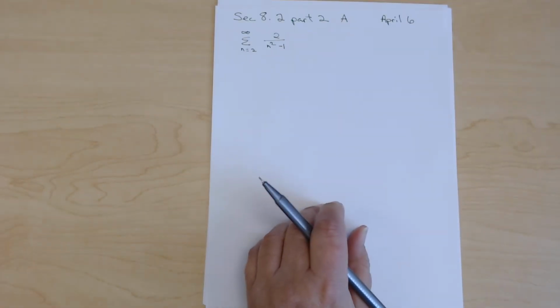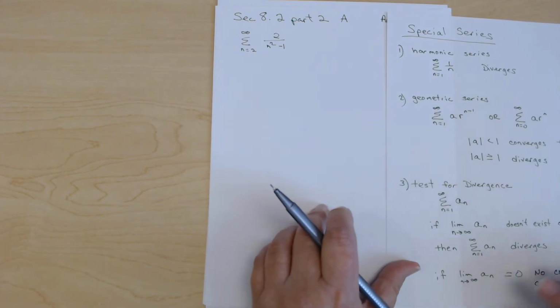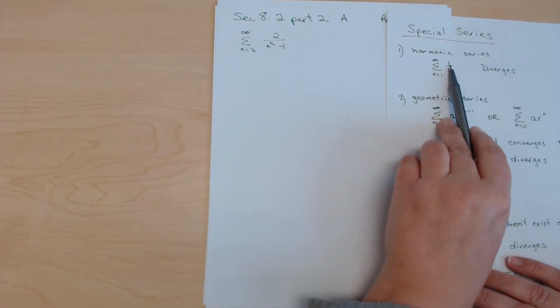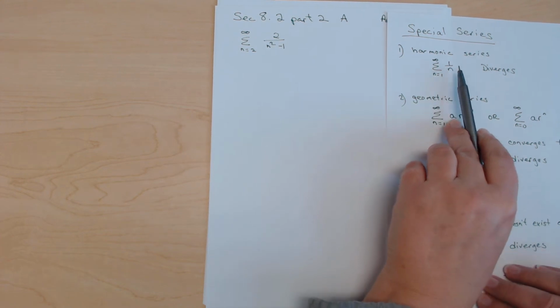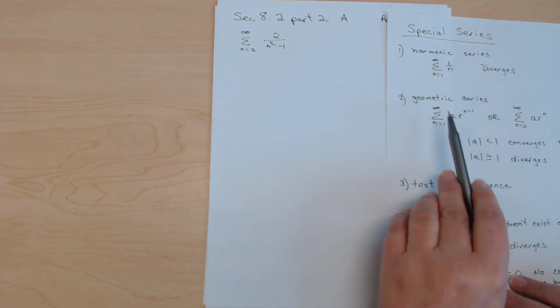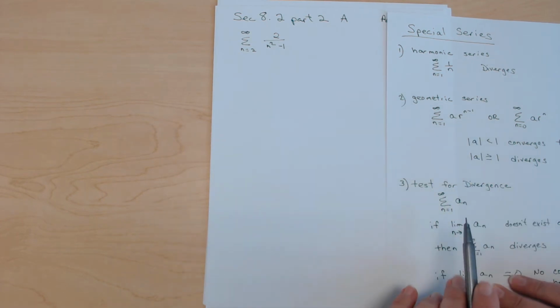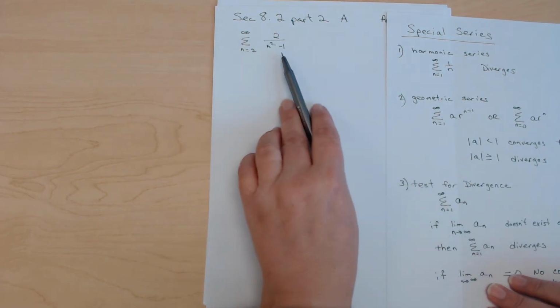Okay. So now if we kind of go through our things, it's not harmonic. Harmonic has to be like 1 over n. That's what it has to be, or somehow simplify it to that. Geometric, the n has to be an exponent. So really our only option would be test for divergence.